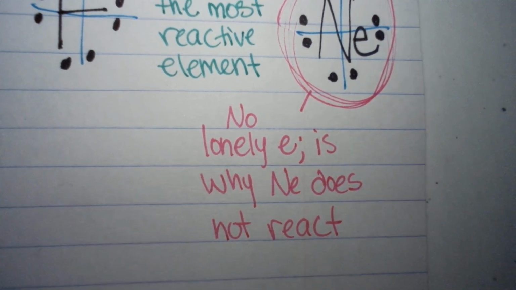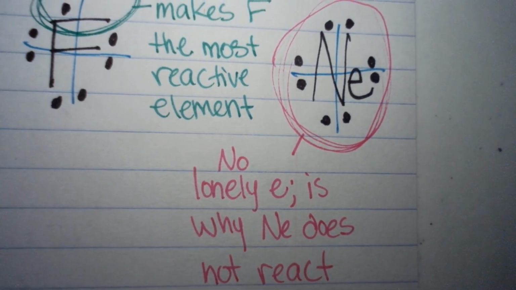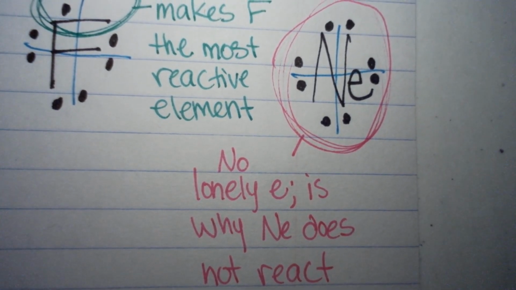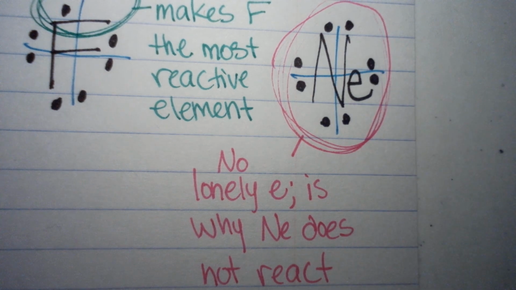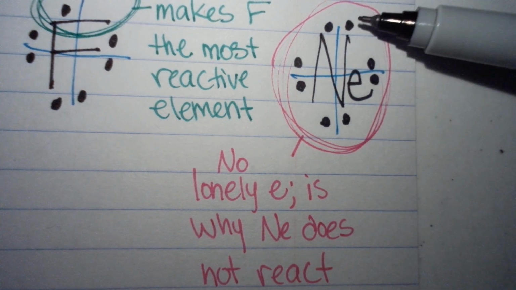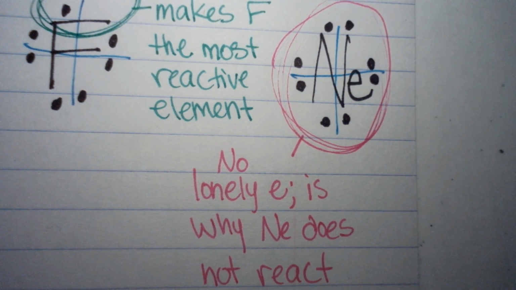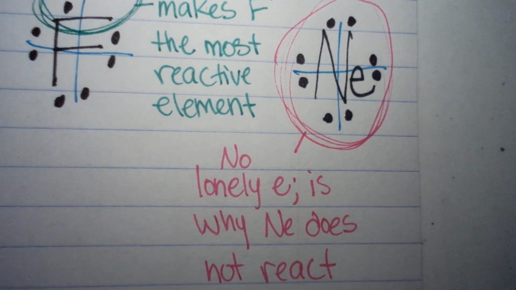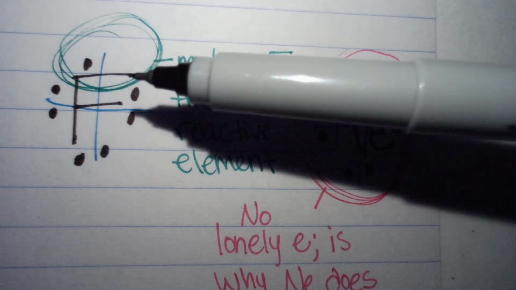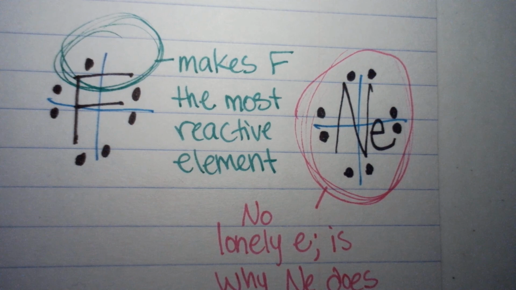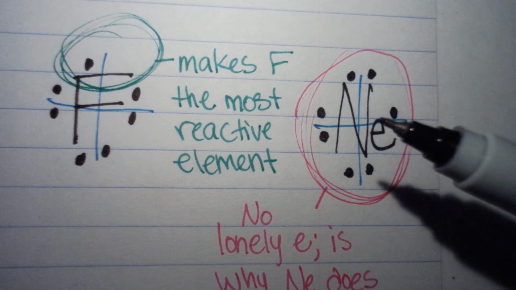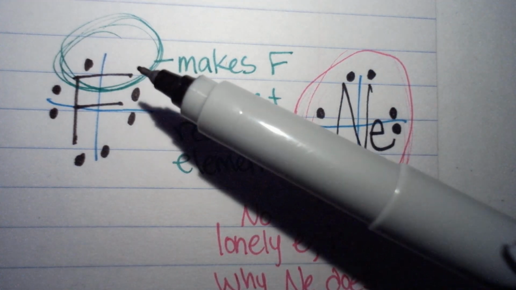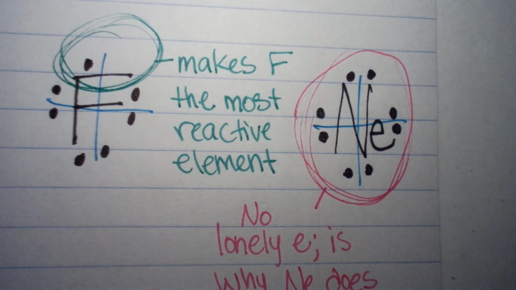So neon, the bigger noble gases, it's really easier to see why they don't react, because they're full all the way around. They don't have anything missing, whereas fluorine has 1 missing. It just takes 1 to get to that full table. So it's pretty easy to snag up 1 electron right there.